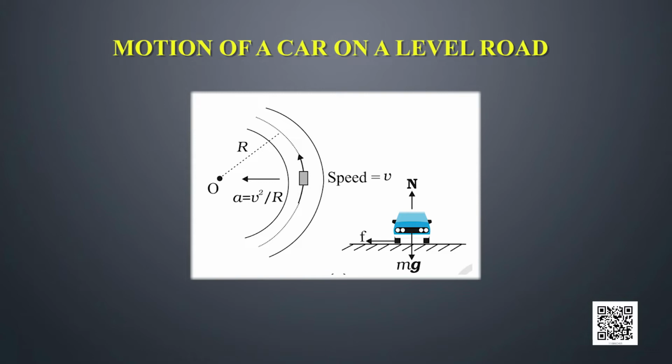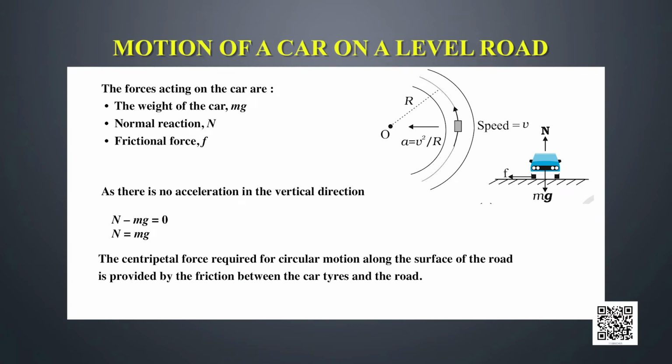As you can see from the diagram, the forces acting on the car are the weight of the car mg vertically downwards, the normal reaction capital N vertically upwards, and the frictional force denoted by small f. As there is no acceleration in the vertical direction, we have N minus mg equal to 0.